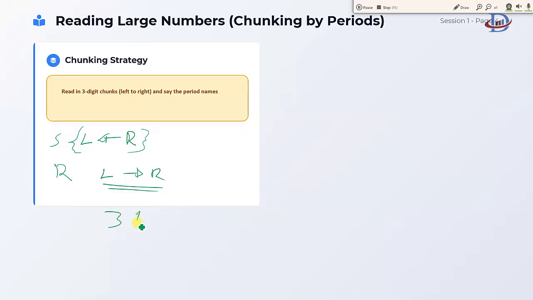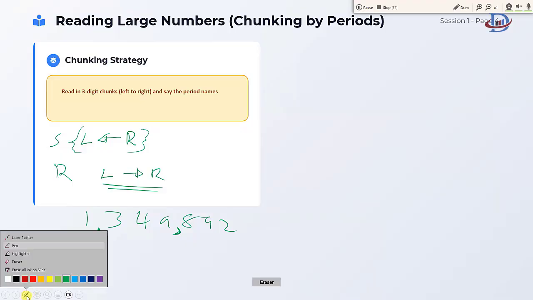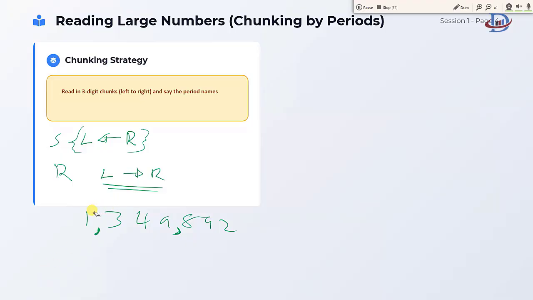So if I have the number, I will split it from the right to the left: 1, 2, 3, comma. But if I split the same number from the left to the right, 1, 2, 3, and I put a comma over here, you can see it is not correct.